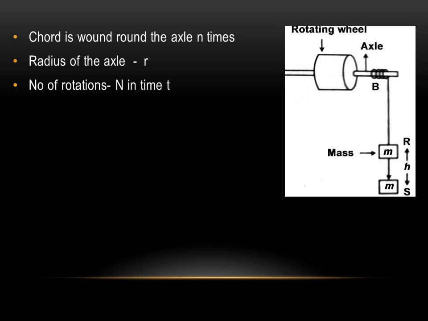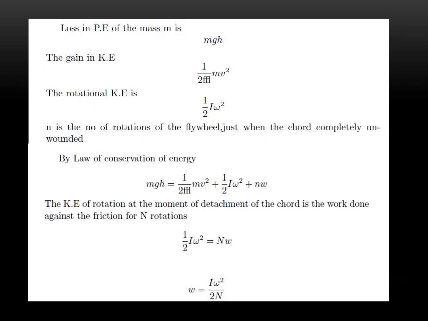Once we release the mass, the flywheel will make n rotations. After n rotations, the mass is detached from the flywheel, and the flywheel makes n rotations before it comes to rest. Now we will see the theory.